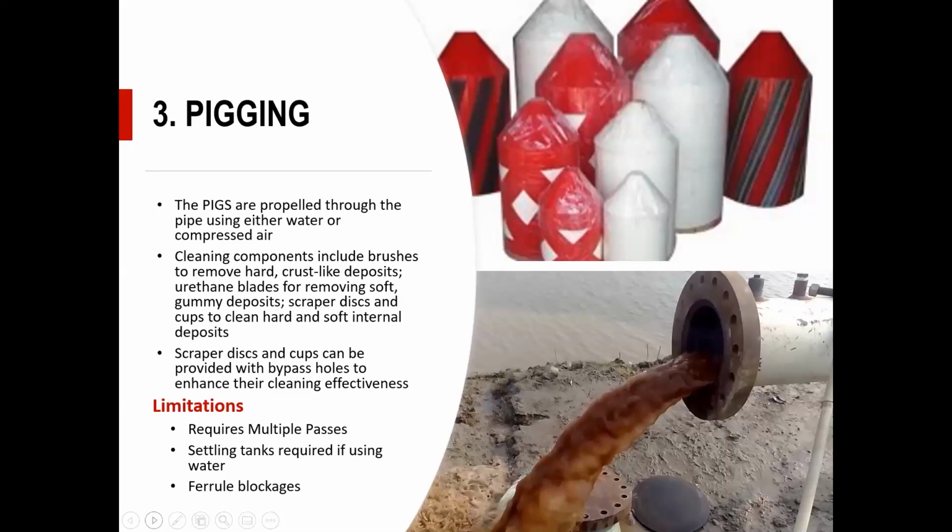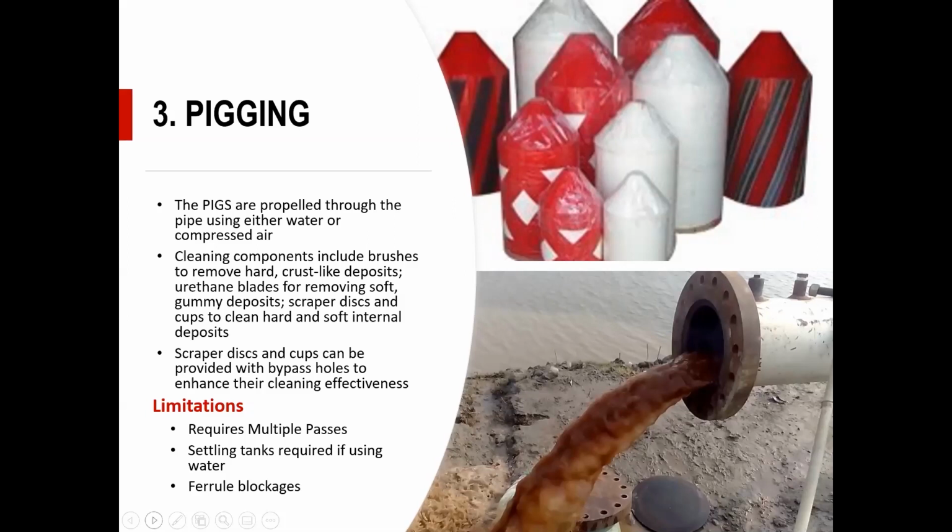Limitations are that if you've got heavy tuberculation in the pipe, you'll have to do multiple runs, starting off with a small diameter pig, and then send that through the pipe. The next pig to go through will be slightly bigger diameter, and a bigger one again, until you've removed all of the scale or cleaned the pipe fully.